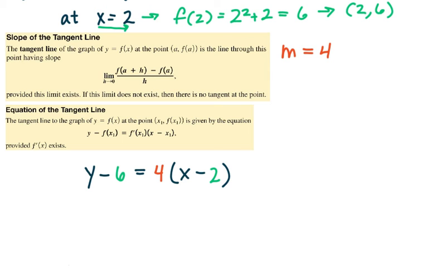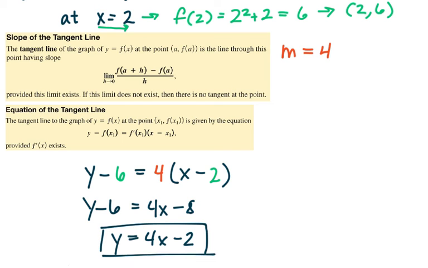So at this point, we just have to simplify a little bit here. y minus 6 equals 4x minus 8. Add the 6 to both sides. y equals 4x minus 2. So what I have here, this is the equation of the tangent line at that point.